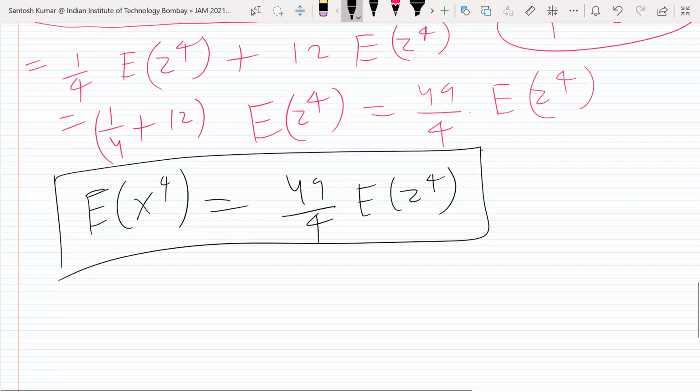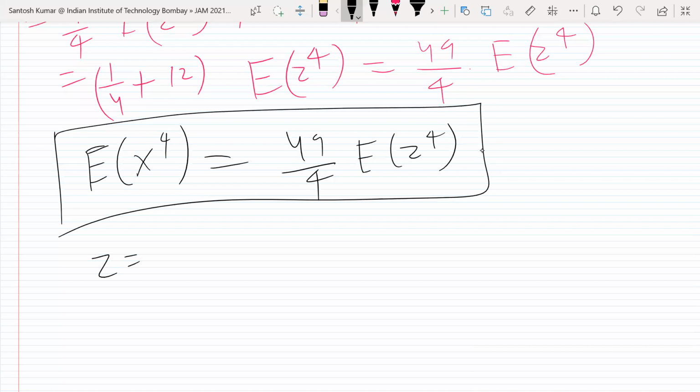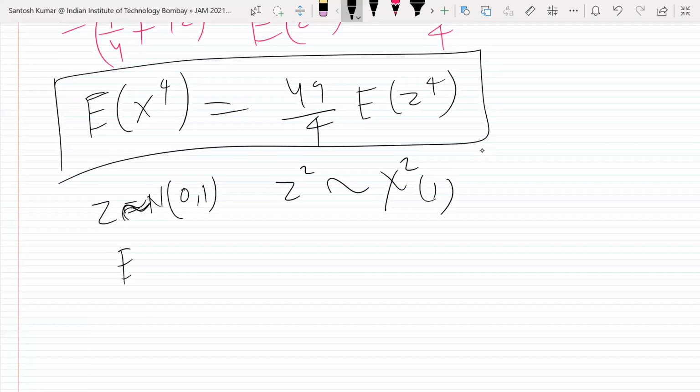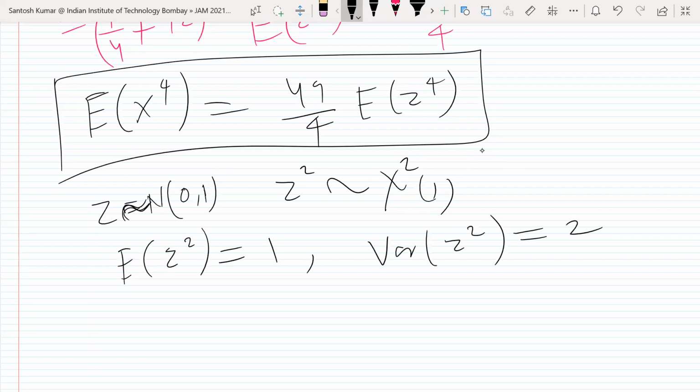You all know z is standard normal. So if z has distribution normal 0 1, then z square will have distribution chi square with 1 degree of freedom. So expectation of z square is going to be 1, and the variance of z square is going to be 2, because chi square n has mean n and variance 2n.